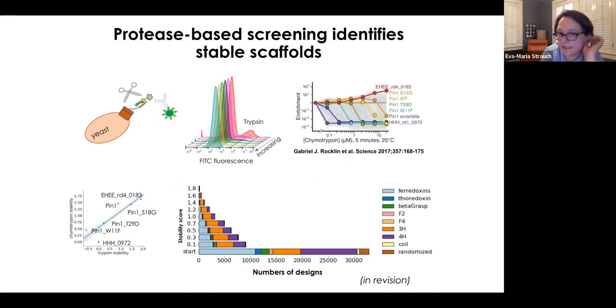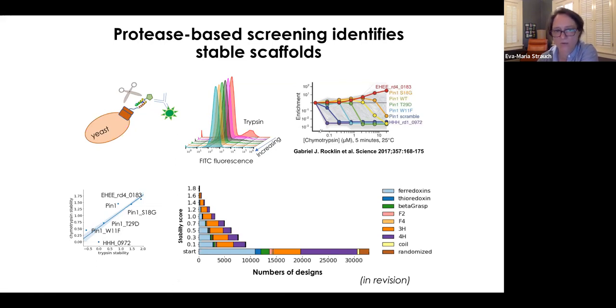And so here is an example of what we get. Essentially we had 30,000-something designs, and a few random sequences that help you adjust overall to what's stable and what's not stable, I mean, finding the threshold. And what I found for our batch here was that anything above 0.5 was folded.